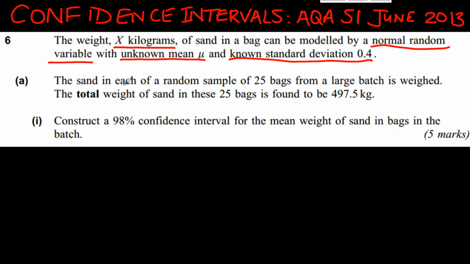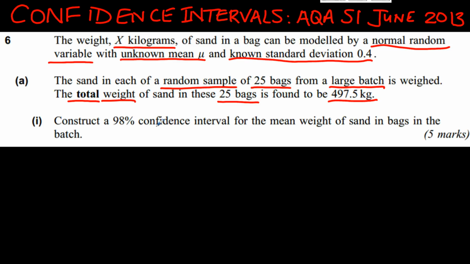The sand in each of a random sample of 25 bags from a large batch is weighed. The total weight of the sand in these 25 bags is found to be 497.5 kilograms. So that's for all 25 bags.